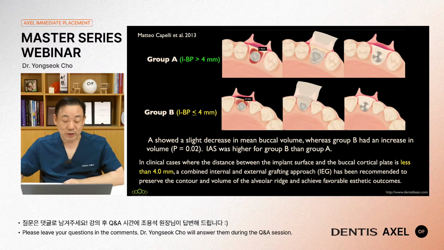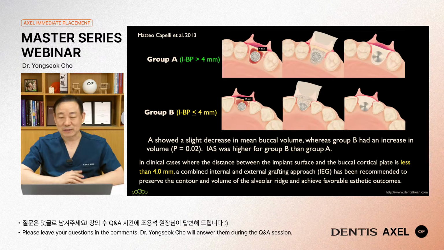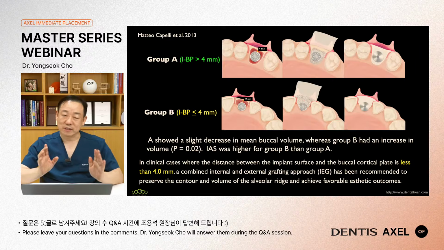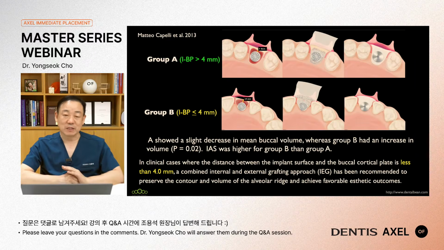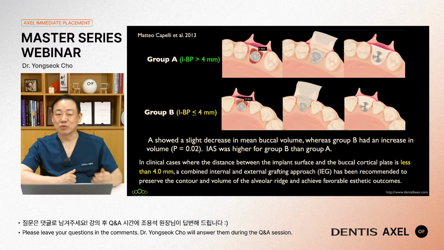In my experience, when I placed the implant in the three-dimensionally ideal position, the IBP at the central incisor was about 3 millimeters. And at a lateral incisor, IBP was about 2.0 to 2.5 millimeters. In the canine site, I can make IBP over 4 millimeters, but not in the central or lateral incisor. So, although this article mentioned the importance of IBP, the dimension looks too much.